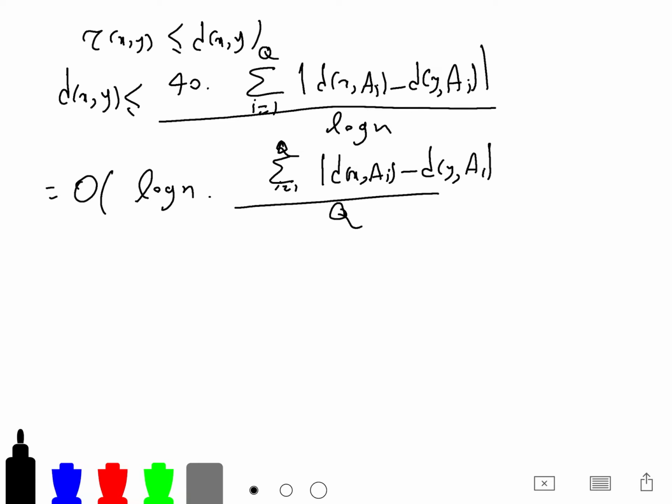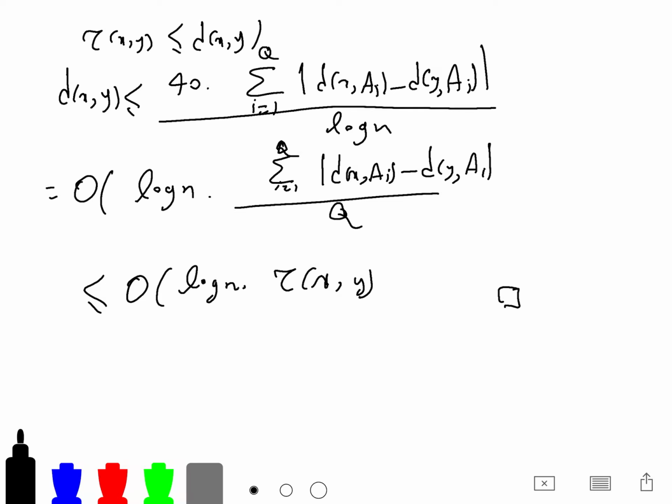And by monotonicity of the pth moment average, it is less than order of log n tau of x and y. So we have proved that.